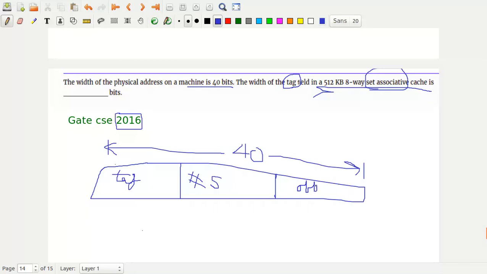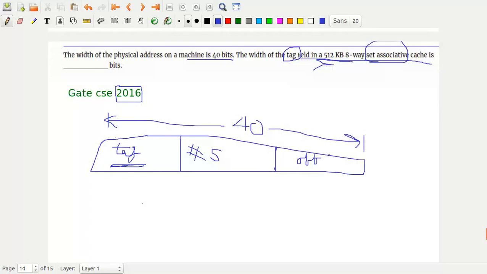So we have to find tag field, bits in the tag field. So to find bits in the tag field we need to find number of sets and offset. So it is given that 512 KB and 8-way set associative cache. So let's assume that size of offset bits is x bits.